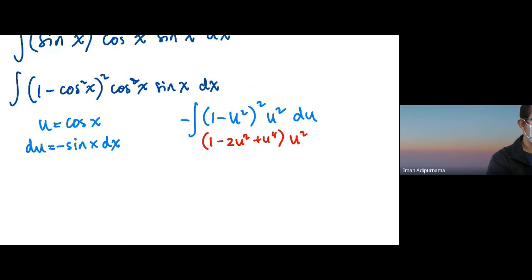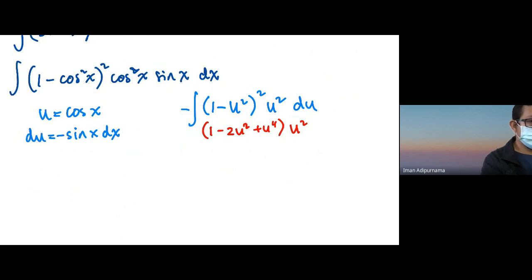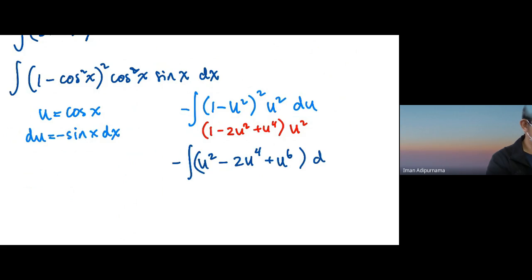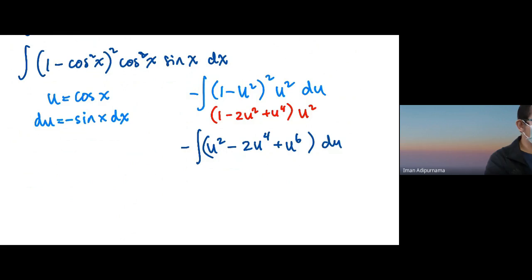And we will get minus the integral of u squared minus 2u to the 4 plus u to the 6 du.